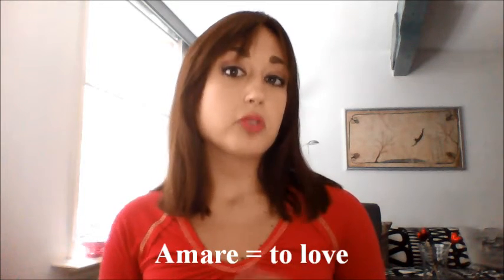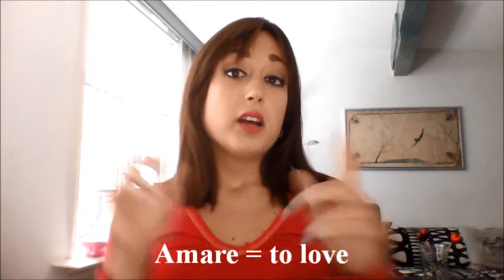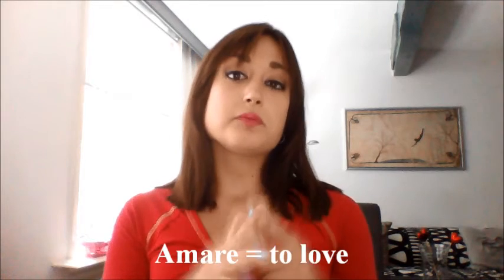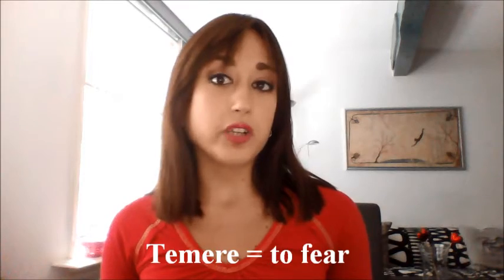So we have three types of infinito in Italian. First is the type that ends in are, like amare, to love. Second one is the kind that ends in ere, like temere, to fear.